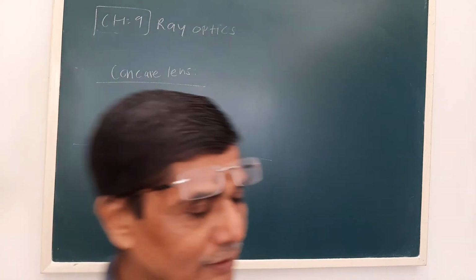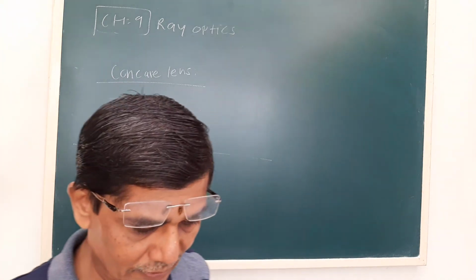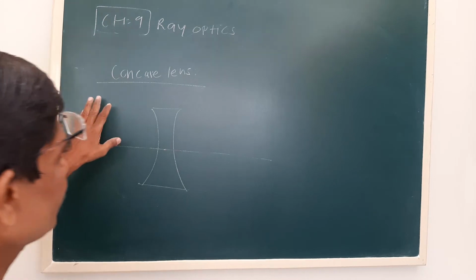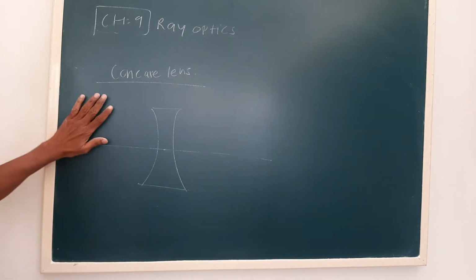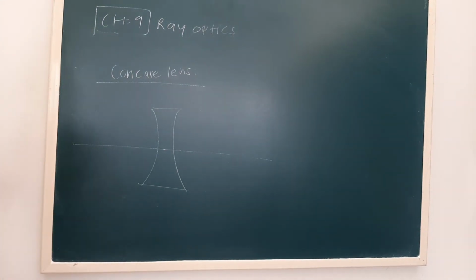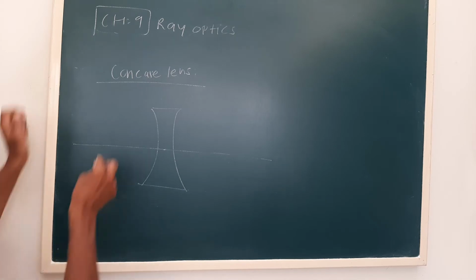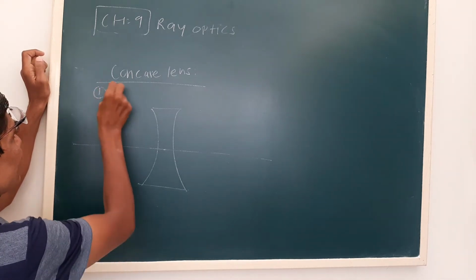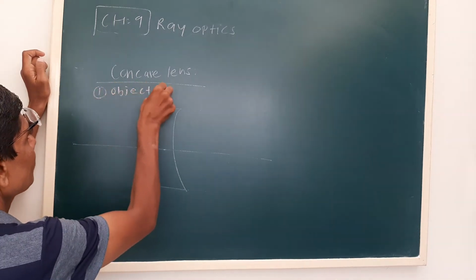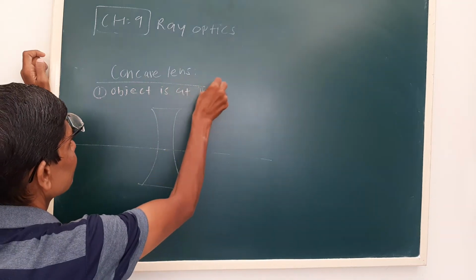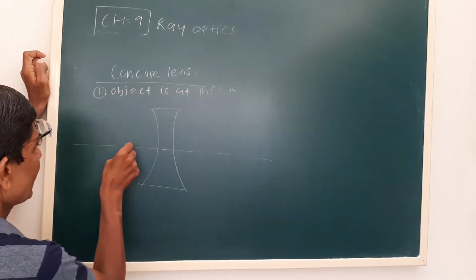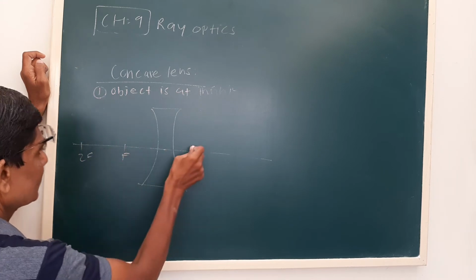Whatever basic terminology we saw to draw the ray diagram, the same will be used for the concave lens also. Now the first condition we have seen: object is at infinity. A concave lens has a virtual focus.